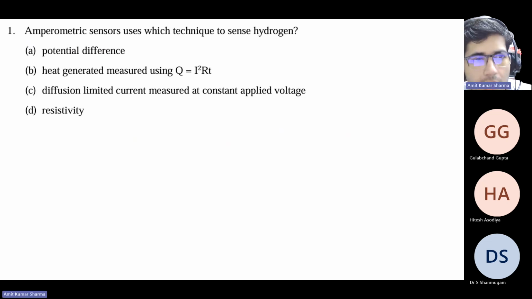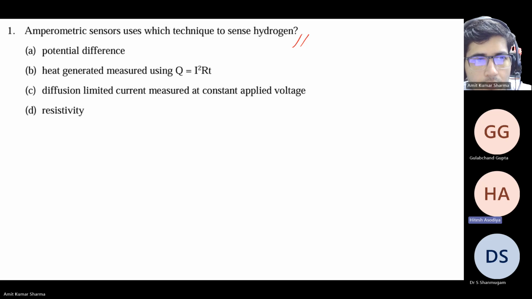So very basic thing, what is a sensor? What is this question about actually? Amperometric means it's measured in, I think, amperes. So maybe the voltage remains constant.